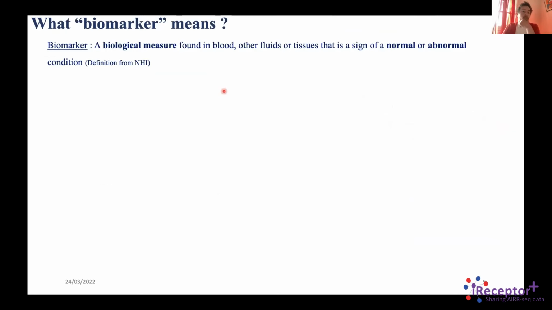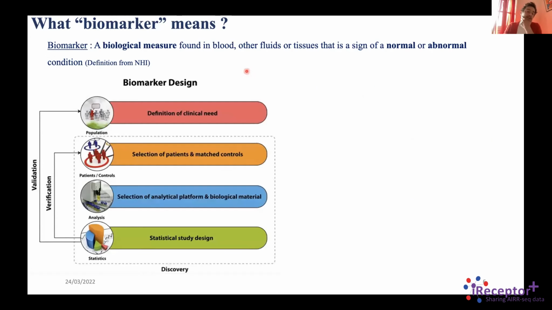So a biomarker is a biological measure found in blood or other fluid or tissue that's in normal or abnormal conditions. And to find this biomarker, you need to design your strategy. First, to define your clinical question, to select the appropriate patients and controls, and the two other parts that are interesting for the TCR repertoire analysis, the selection of the analytical platform and the biological material, and also the statistical study.